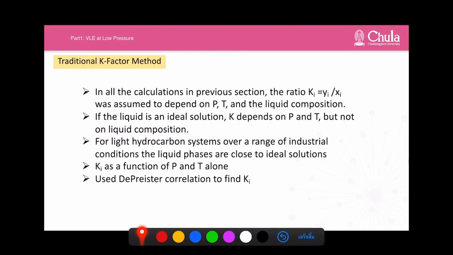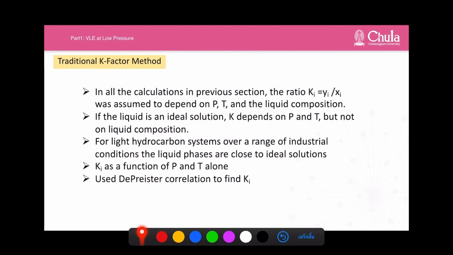And the ratio Ki is assumed to depend on pressure, temperature and liquid composition. And remember that if the liquid is an ideal solution, K depends on pressure and temperature, but not liquid composition, right? And for light hydrocarbon systems over a range of industrial conditions, liquid phases are close to ideal solution, so it's reasonable to use the K-factor method, with Ki as a function of P and T alone.